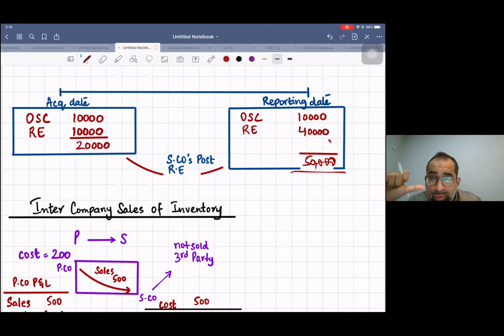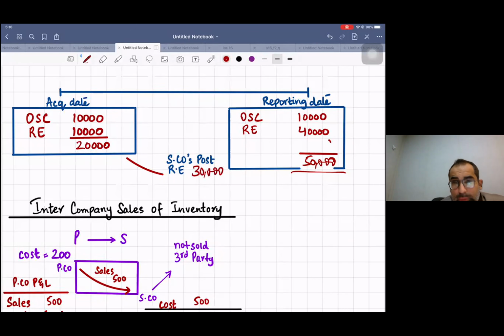Boys and girls, please be very active and listen to each and every word very carefully so that your journey goes very smooth. Now acquisition date is 20,000, reporting date is 50,000. So definitely S company's post retained earning is 30,000.